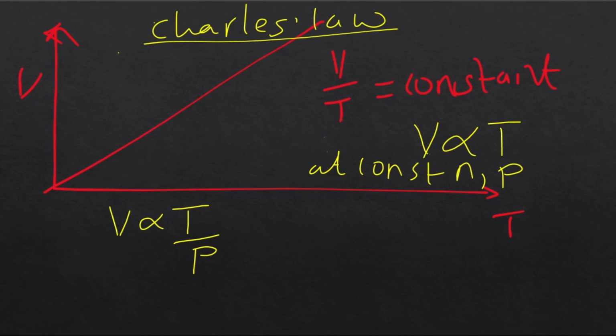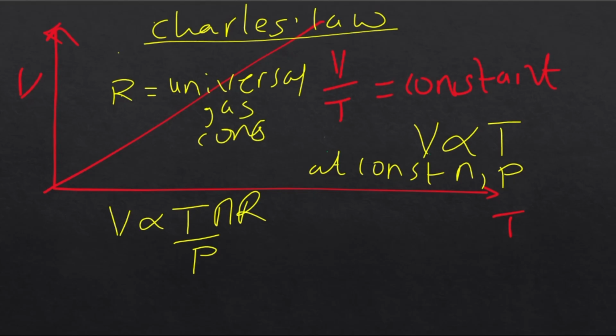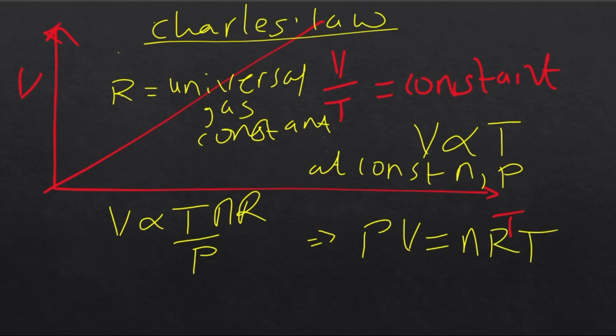And finally, the general constant of proportionality, we call it the universal gas constant. Okay, so this is the ideal gas equation, PV equals nRT. Again, we derived it from another perspective.